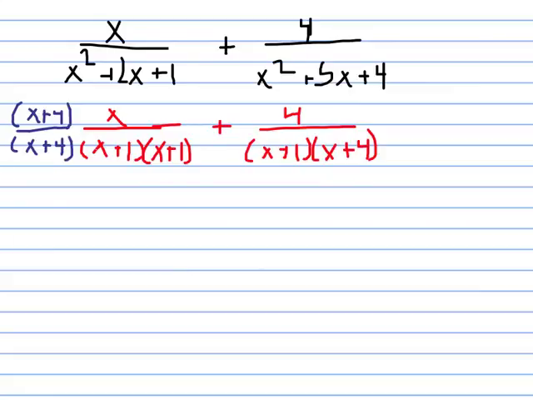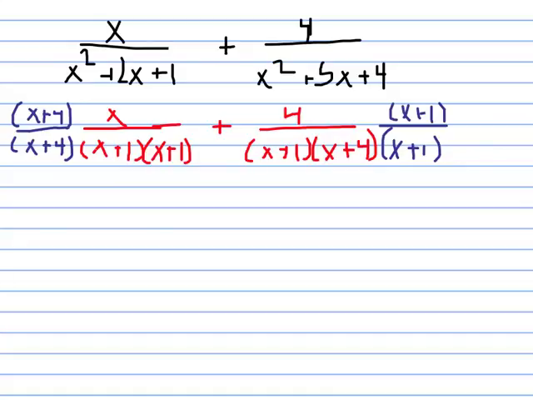Now on my right side here, I do have an x plus 1, but I need x plus 1 squared. So to balance that out, we need one more x plus 1. If you think of each individual term as a weight, I'd have only one weight here, but I have two of the same weight there, so I need one more weight to balance it out.